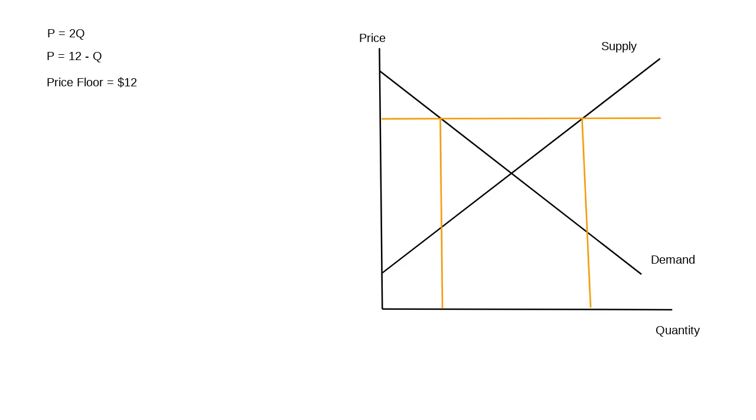So at the prevailing price of a binding price floor, the quantity supplied, as indicated by the supply curve, would be here, QS, and quantity demanded, as indicated by the demand curve, would be here. So quantity supplied will be greater than quantity demanded. The market is now out of equilibrium, and we have what's called a surplus, where quantity supplied is greater than quantity demanded.